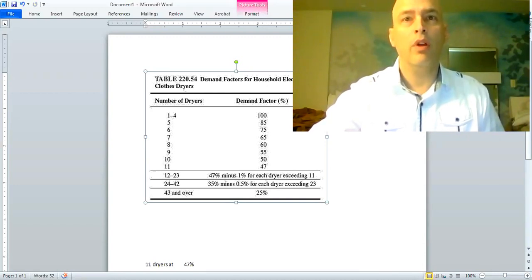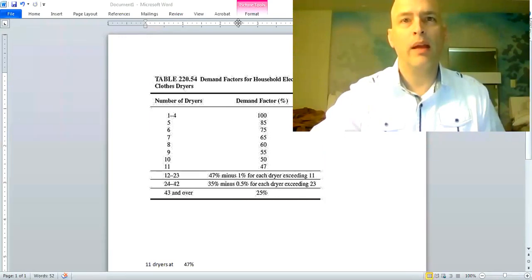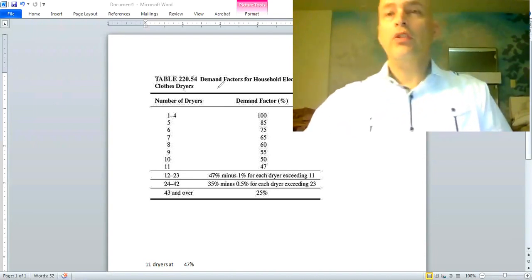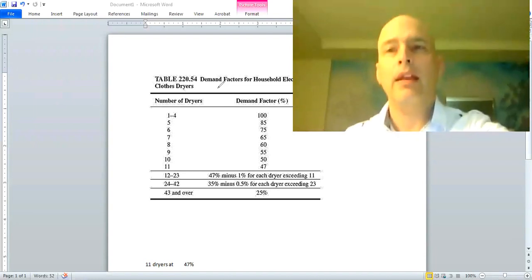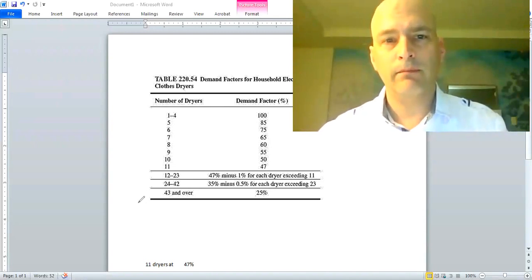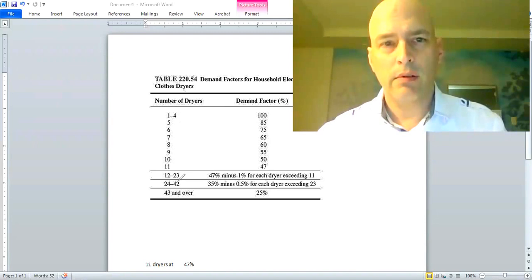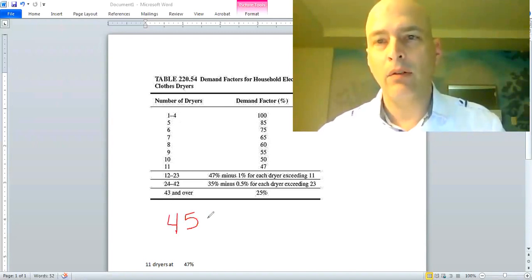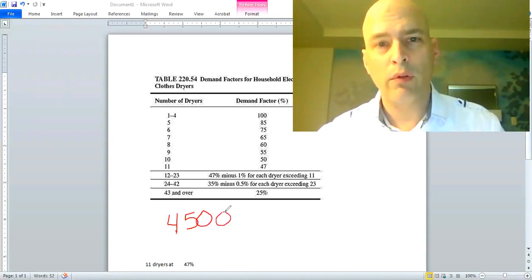Now that's an important note because, let me pull my annotation up here, when we're doing the application of this table, let's just say, for example, I had a dryer that was rated for 4,500 watts, right? So 4,500 watts as a nameplate, or let's just call it connected load, whichever term you prefer. Okay.